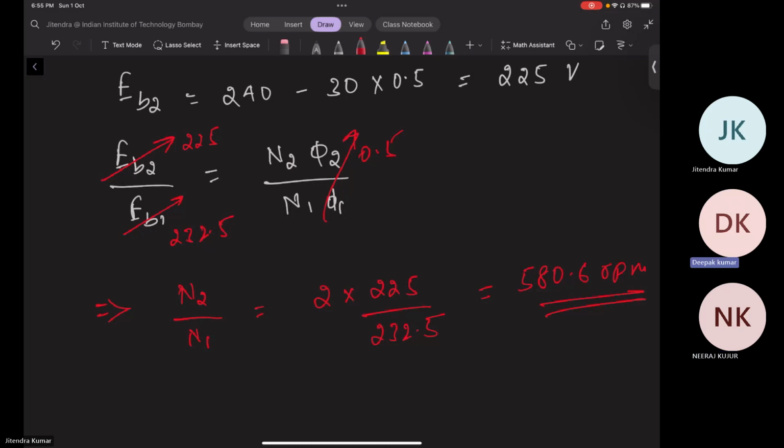Sir, should flux be considered as produced only by the field current, not by the armature? Yes, in a DC machine, flux is only produced by the field current, not armature.